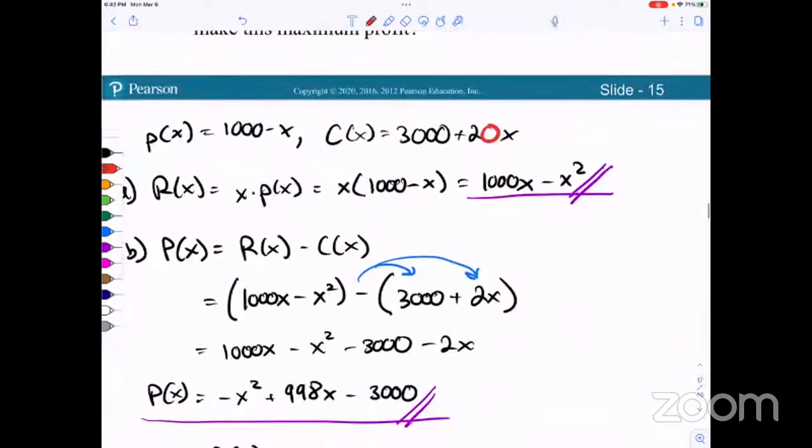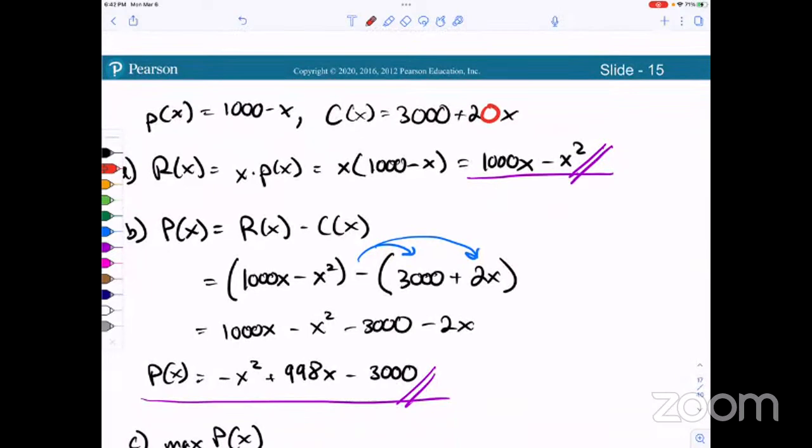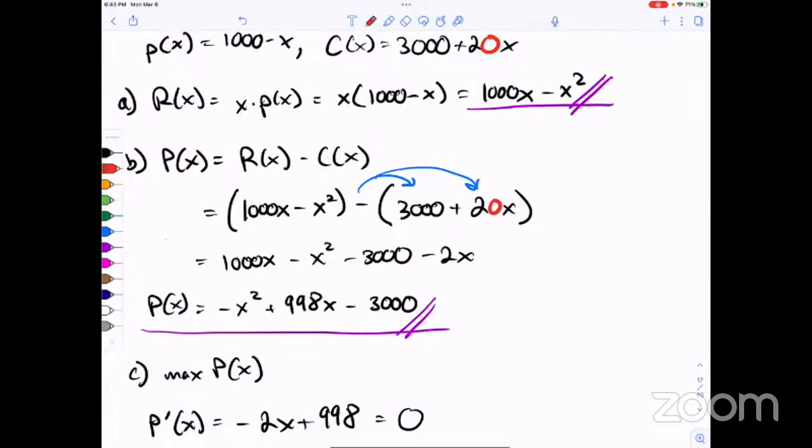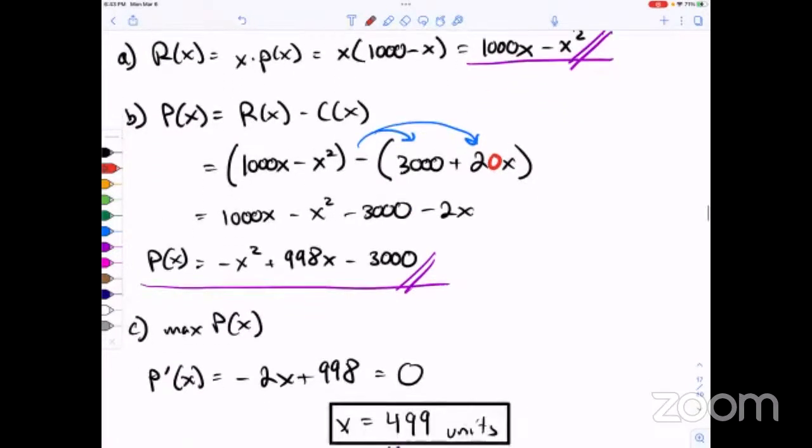If we did revenue minus cost, then this is going to be a 0 there, right? If we distribute a negative, there's going to be a 0 here. All right, I think that's okay.